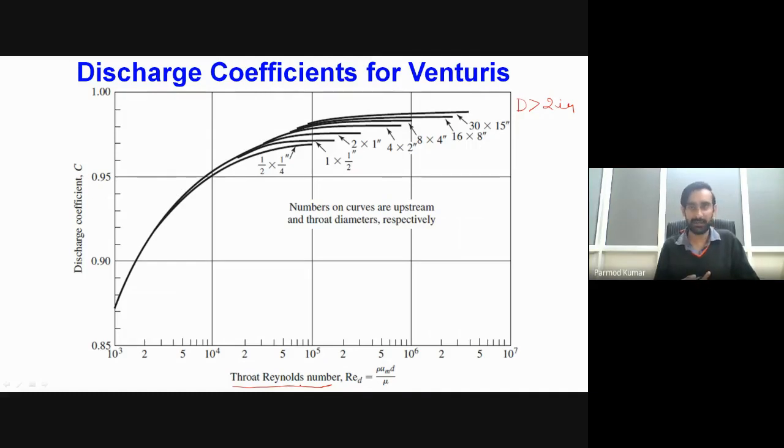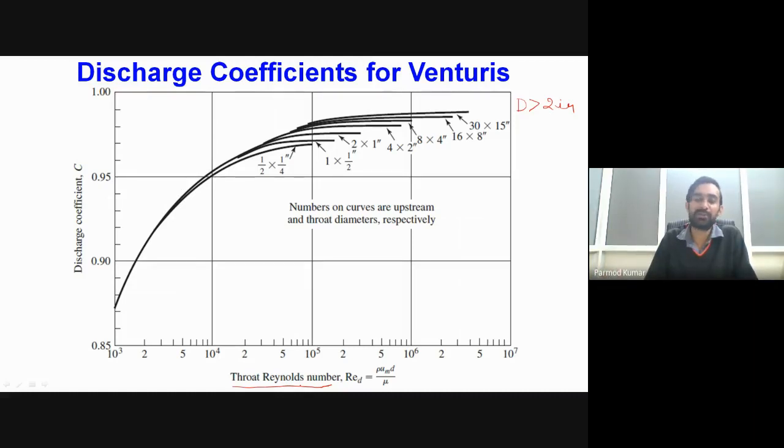Now these two plots can be used for obtaining the value of discharge coefficient. So that is like one of the easiest methods to find out the flow rate. But what can be done if you want to obtain the accurate value of the discharge coefficients also, if you don't want to utilize the values which are given in this type of plot?